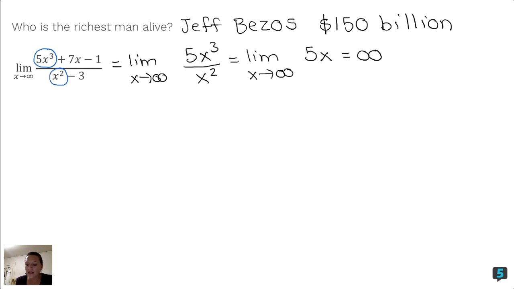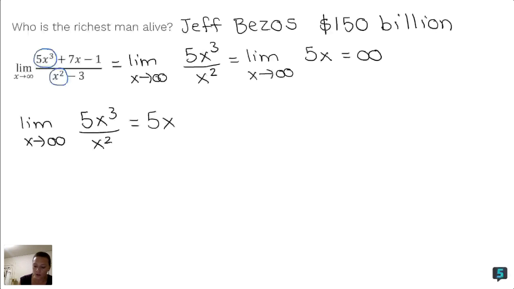A common mistake that many of my students make is they start to leave off that limit notation. The limit as x approaches infinity of 5x cubed over x squared is not equal to 5x.